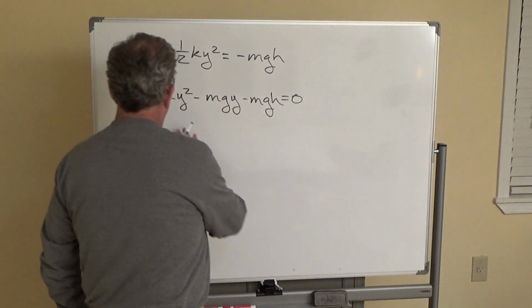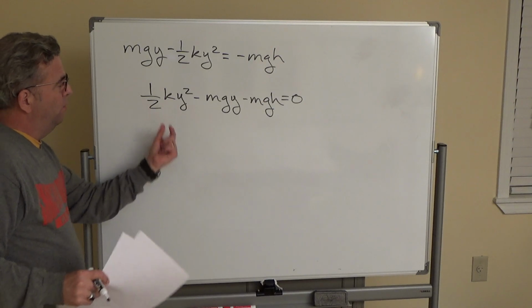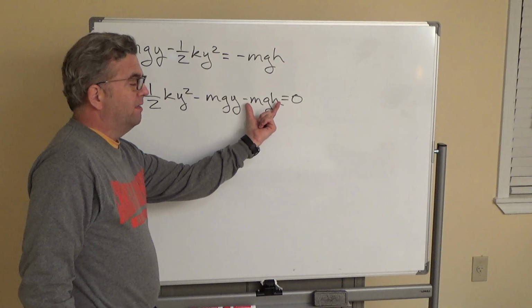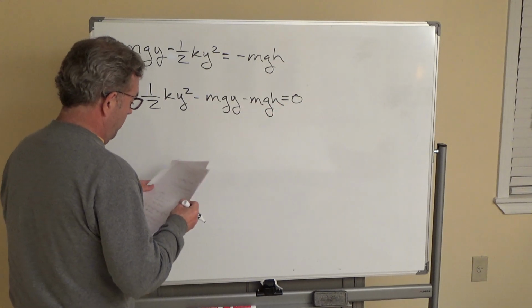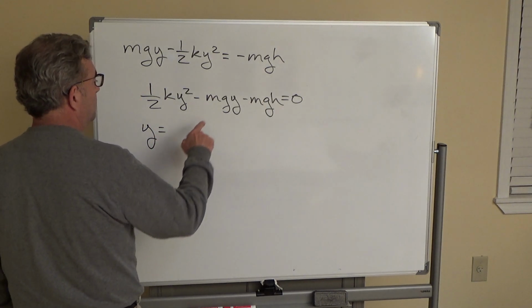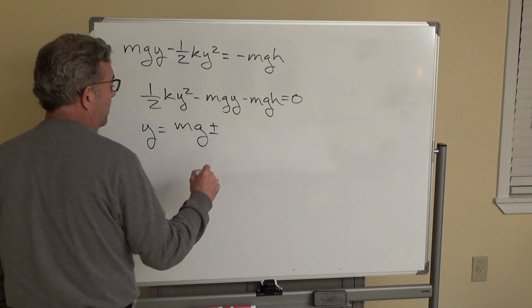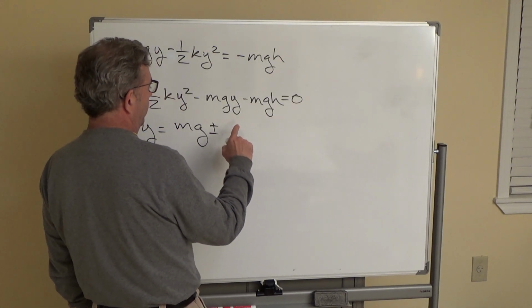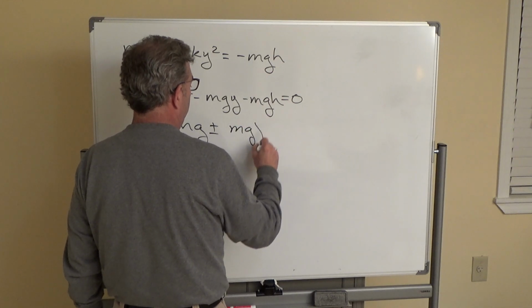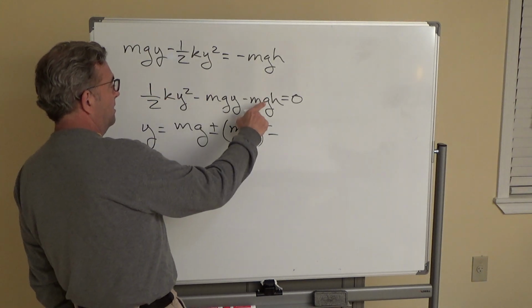So here's what we have to solve. This is the quadratic coefficient, this is the linear term coefficient, and this is the constant term. So I'm going to write that out. I'm going to use the quadratic formula. y is equal to negative b, that's mg, plus or minus, I'll put the square root in a minute, b squared, that's mg squared, minus 4ac.